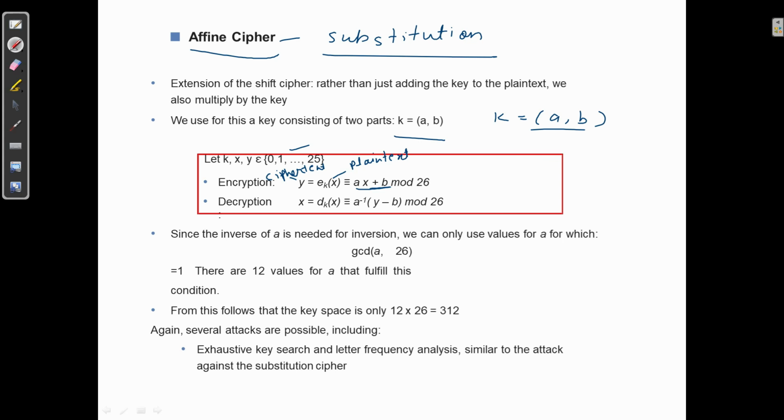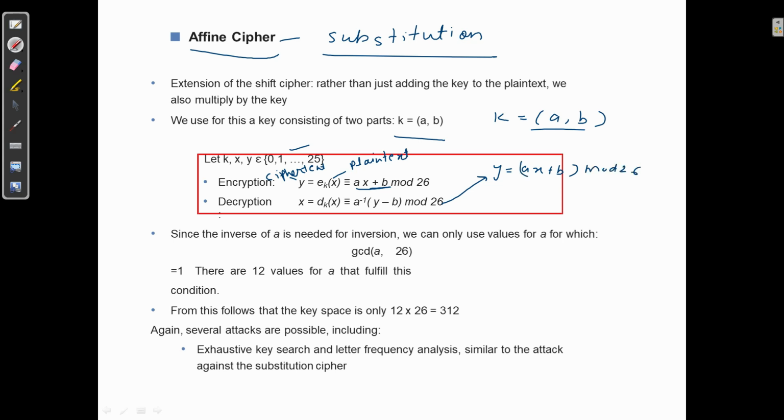Similarly, the decryption is d_k(y) = x = a inverse (y minus b) mod 26. First we will check how this comes about for the decryption. For example, the cipher text y is found from e_k(x), which is (ax + b) mod 26.